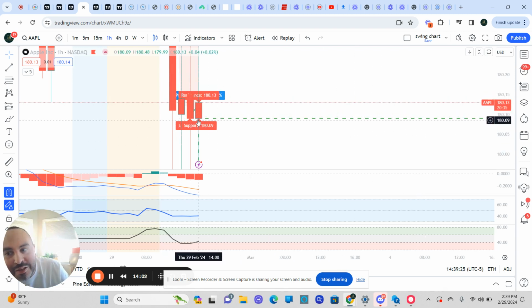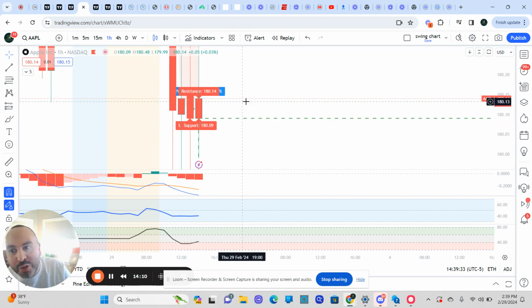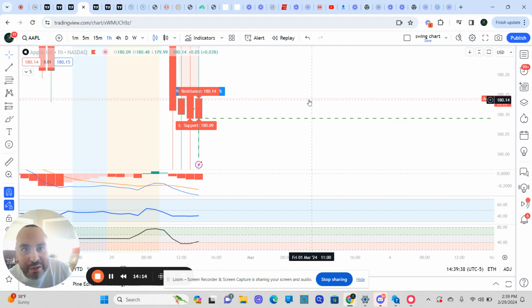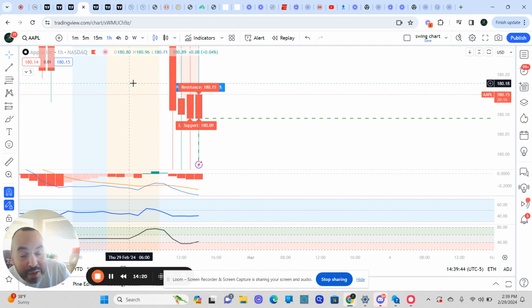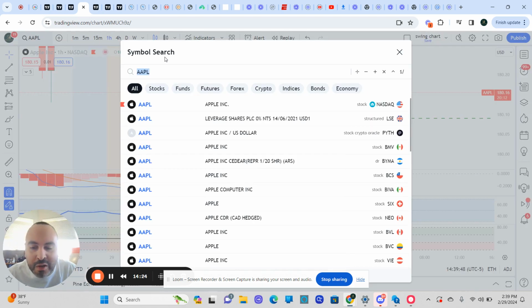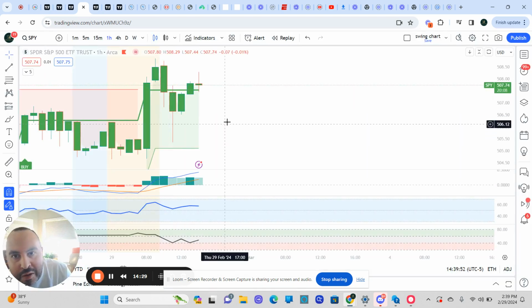So TBC on Apple, even though I'm not on the play right now, I am looking to see which direction it takes here, 180, and I will trade with the trend. If you're keeping track, that's a 50% gain on ARM, 10% loss on Apple. And the last trade I want to go over is our SPY call play from today.